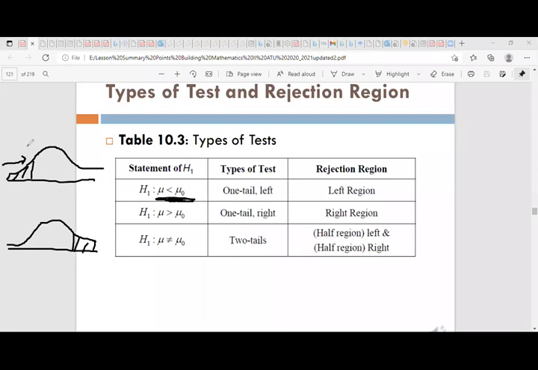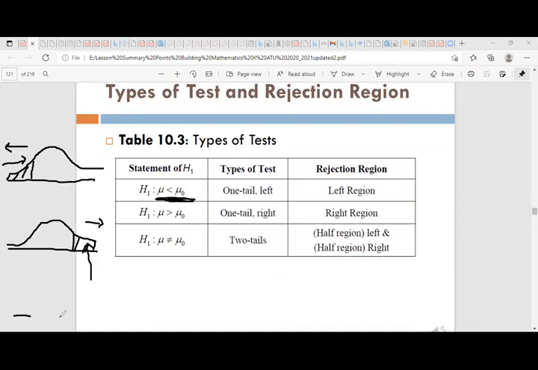So less than is to the left, greater than means on the right, so the rejection will be on the right. For the left scenario, we say one tail, and the rejection is on the left. For the greater than, we have one tail on the right, and the rejection is on the right.